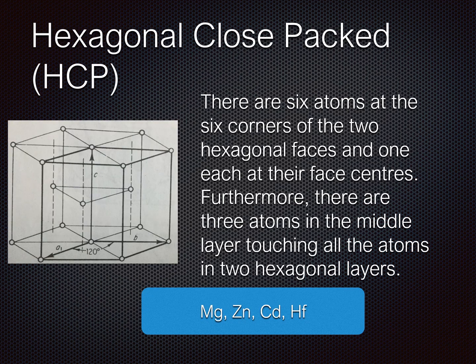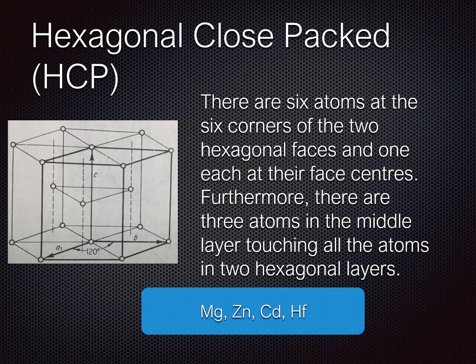The third type of structure found in metals is hexagonal close packed or HCP. The arrangement of atoms in a hexagonal close packed unit is shown in the adjoining figure. There are 6 atoms at the 6 corners of 2 hexagonal faces and 1 each at their face centers.